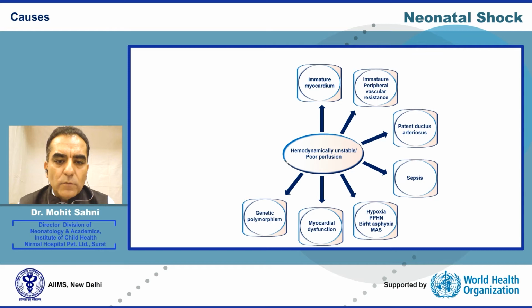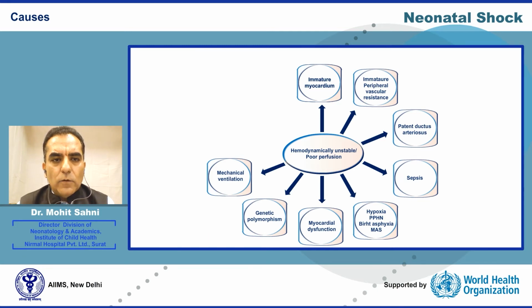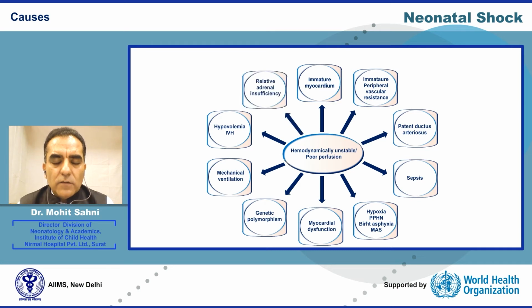Genetic causes, meaning inborn errors of metabolism, where the acidosis created causes myocardial dysfunction. High pressures in the ventilation will lead to raised intrathoracic pressures and hence indirectly cause a decrease in myocardial functioning and a decrease in the preload. Hypovolemia may be because of IVH or antepartum hemorrhage. And then these premature babies have a catecholamine depletion state, adrenal insufficiency, and hence it can lead to shock.